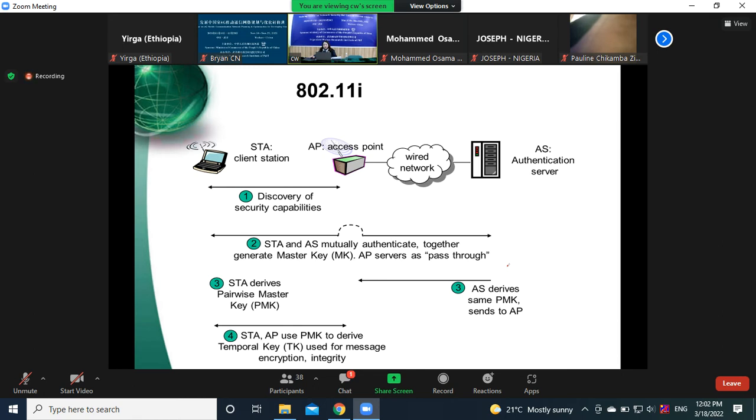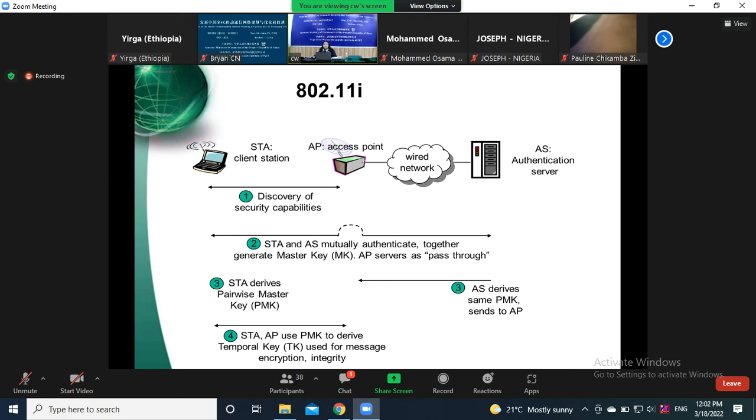And another, let's see, 802.11i. In 802.11i, we can see this is a station, and this is the authentication service. The first step is the discovery of the security capabilities of the access point.